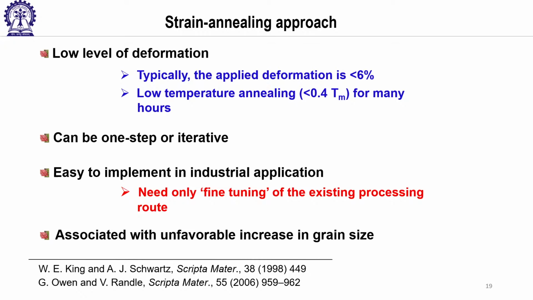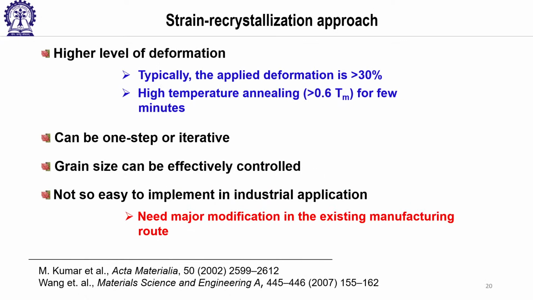So industrially it is most viable, because please remember, this kind of treatment you have to give towards the end, when your component is almost ready, right? Because finally the end microstructure should have your CSL boundaries. Strain recrystallization typically needs higher deformation, but its annealing time requirement is less, so industrially it's cost effective, but again it needs 30% or so deformation, so you have to fine tune your approach.